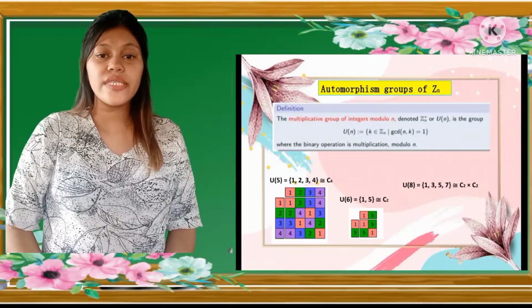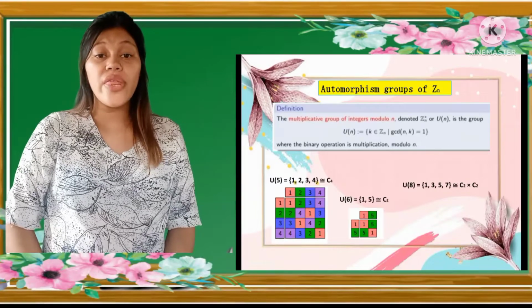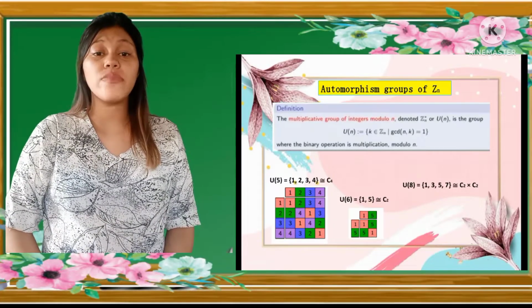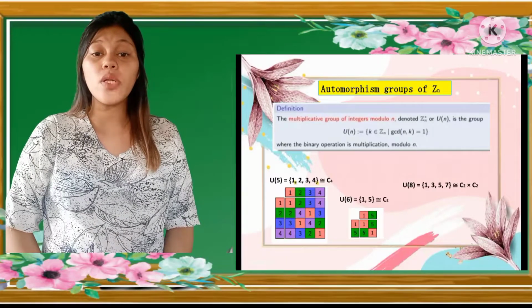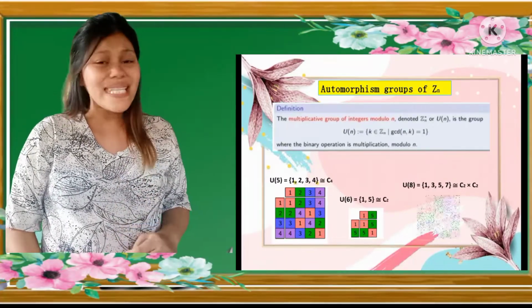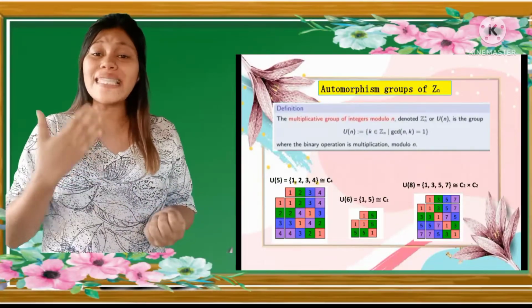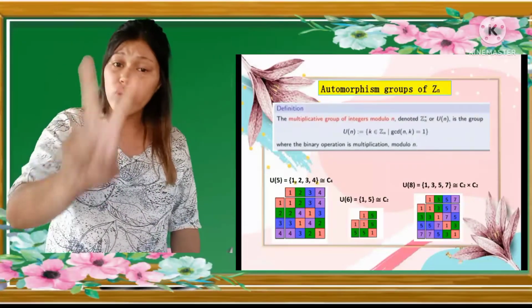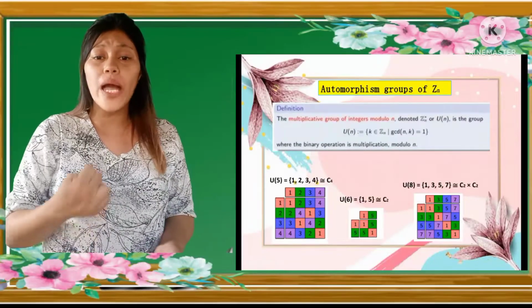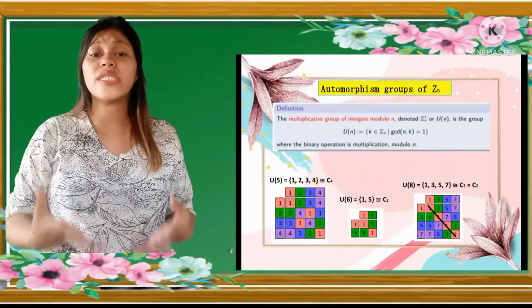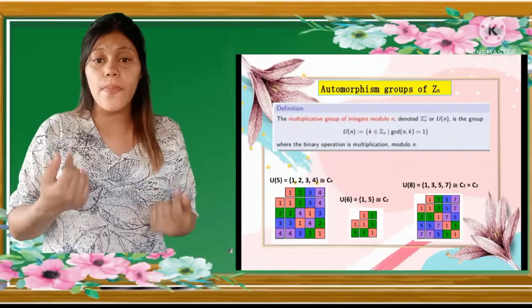Next, U8 consists of the numbers 1, 3, 5, 7. These are the ones that are relatively prime to 8. Looking at the multiplication table, we see right away that this has to be the Klein 4 group, because all elements have order 2, since there's a 1 down the main diagonal. So this is isomorphic to C2 cross C2.